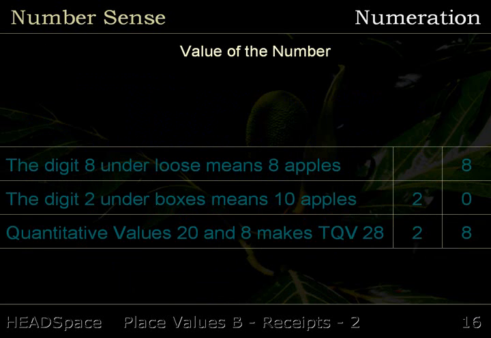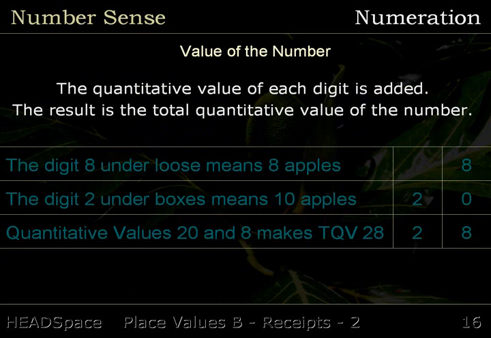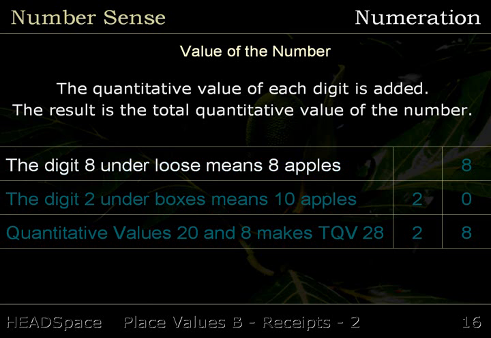Value of the number. The quantitative value of each digit is added. The result is the total quantitative value of the number. The digit 8 under loose means 8 apples.